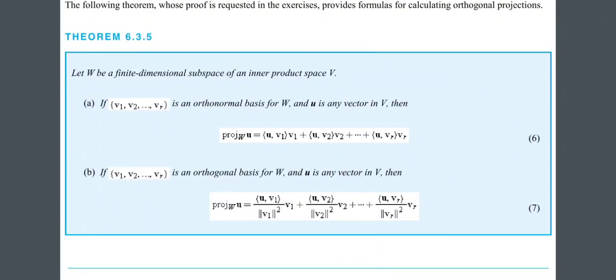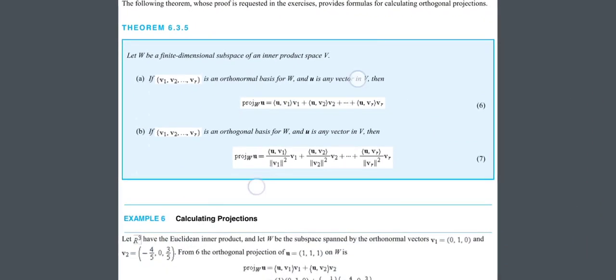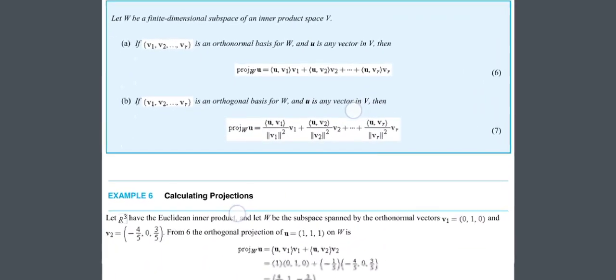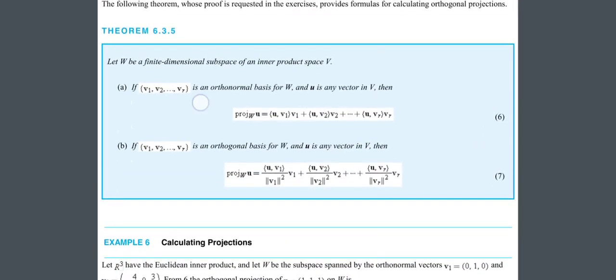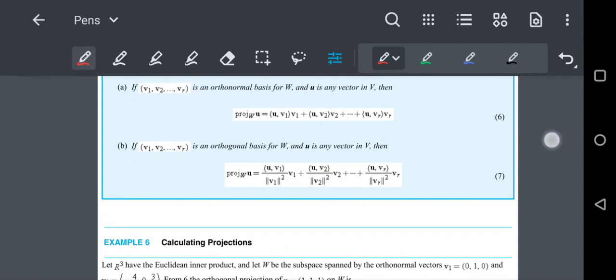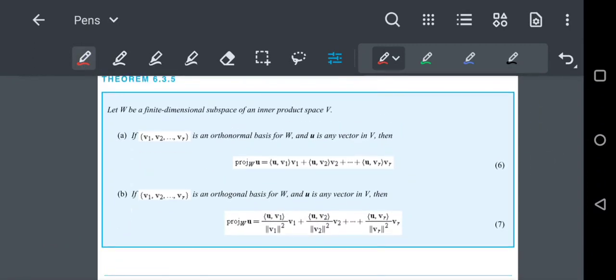Now the following theorem, whose proof is an exercise. What we came across in the previous topics is that any vector U can be written as a linear combination of elements in an orthonormal basis. That is what we came across in the previous class.